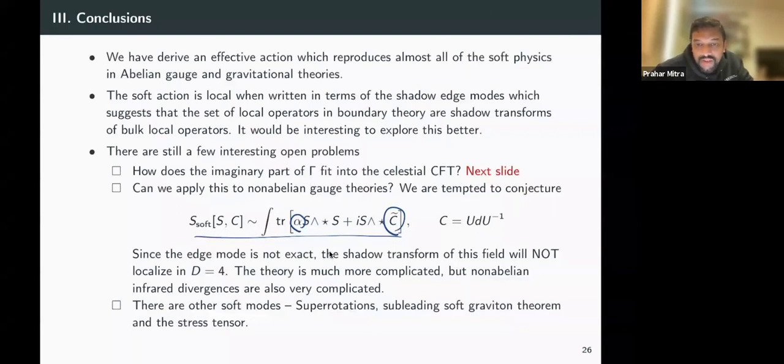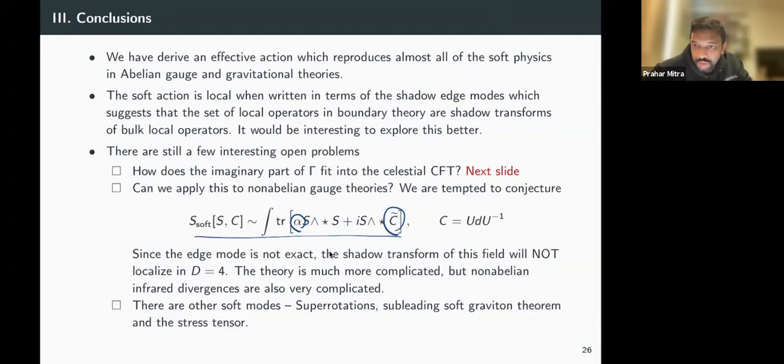I'm looking at it a little bit, but when I gave this talk at the Celestial Amplitudes workshop, there were a bunch of people from SCET. They found it very interesting. And I know there are some people who are trying to use this action, and I've been told that they've reproduced various structures in SCET up to 2 loops. And not just the soft theorems, but various other features have been reproduced.